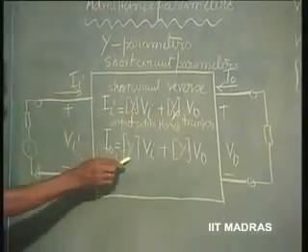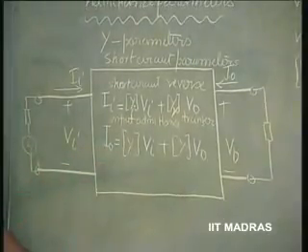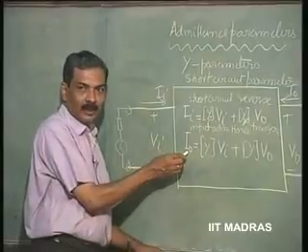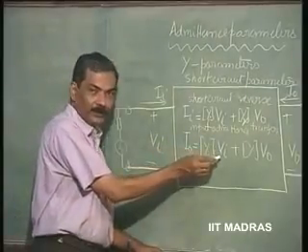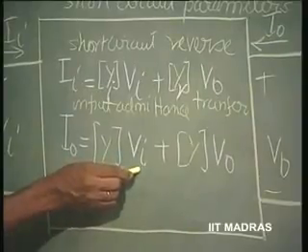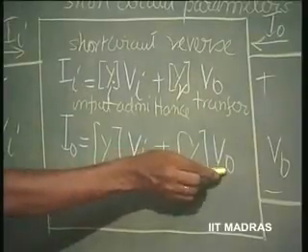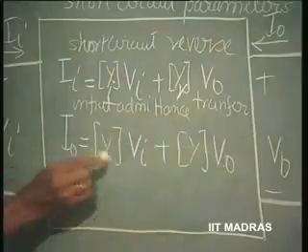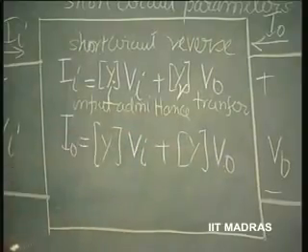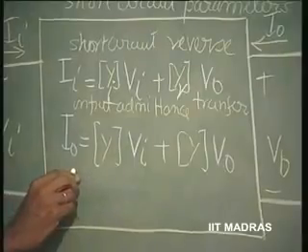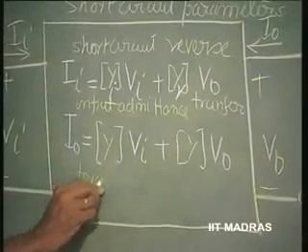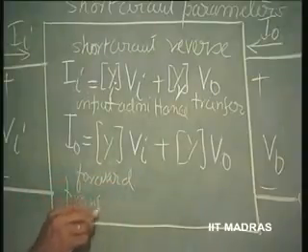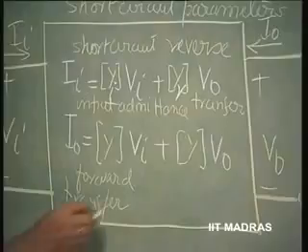Coming to this, again you can see I0 output current is related to input voltage when V0 is 0, output is shorted. That is output current when output is shorted. So relationship with input voltage. That means this is the forward transfer admittance.